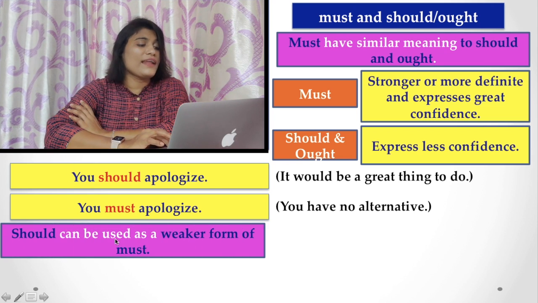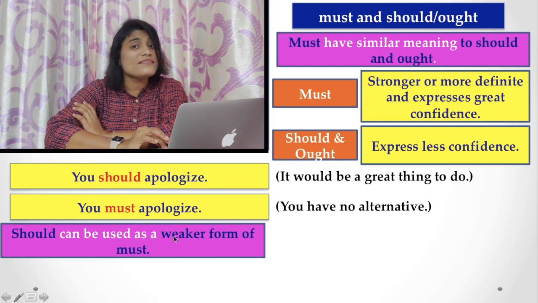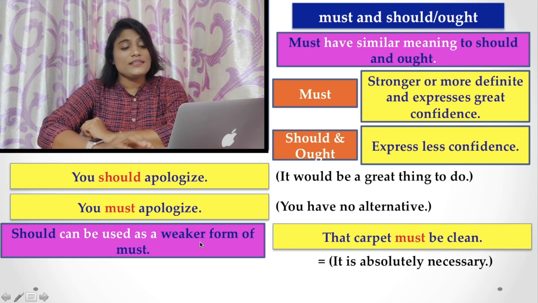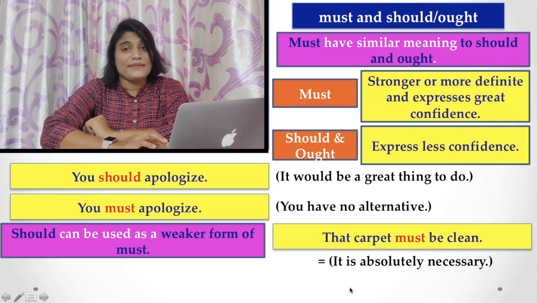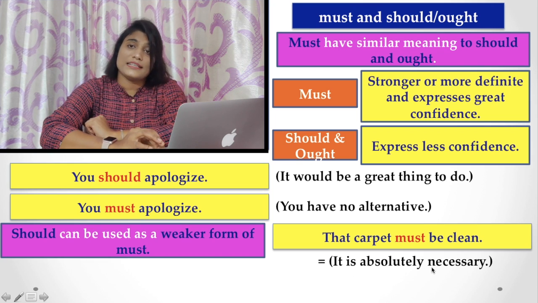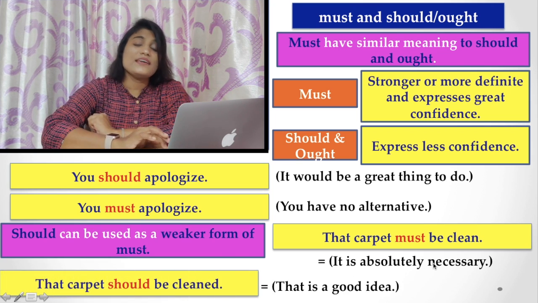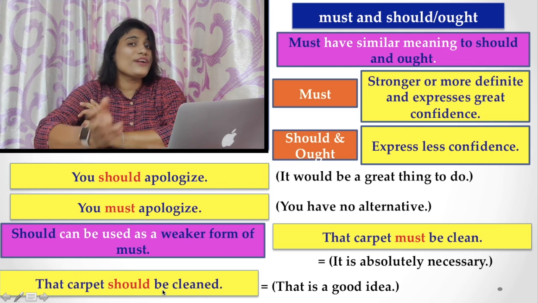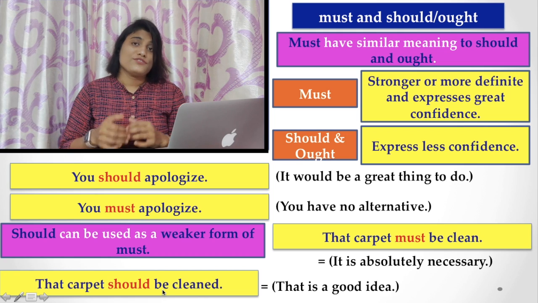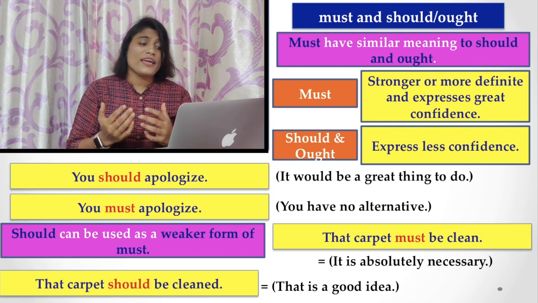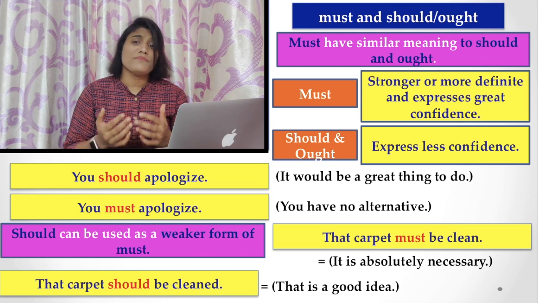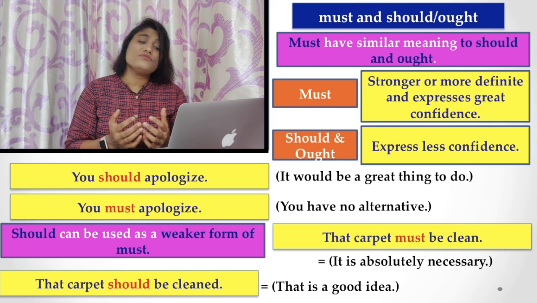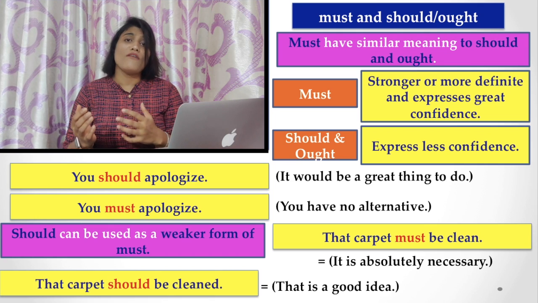And should can be used as a weaker form of must. For example, the carpet must be clean. That means it is absolutely necessary. And if I say the carpet should be clean, that means it is a good idea to clean the carpet. While talking about must, we might have some strong feeling, but should is used as a weaker form of must.